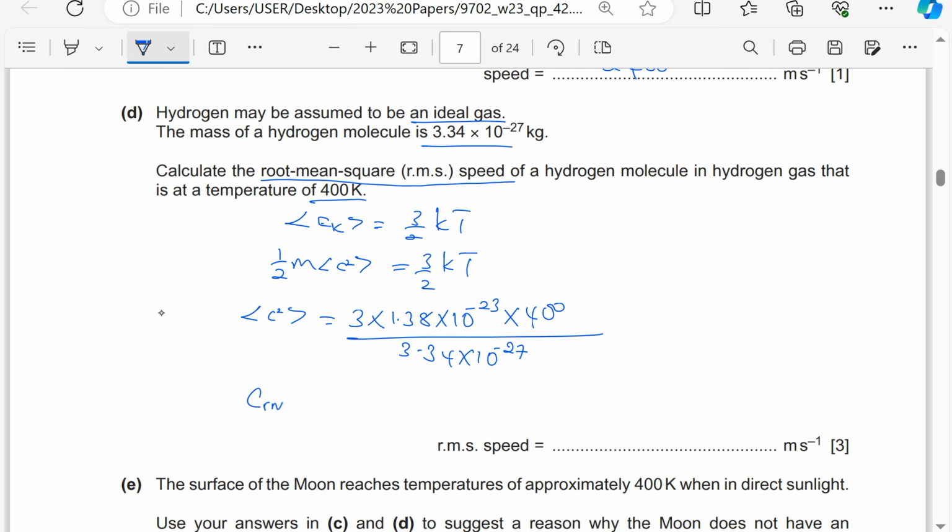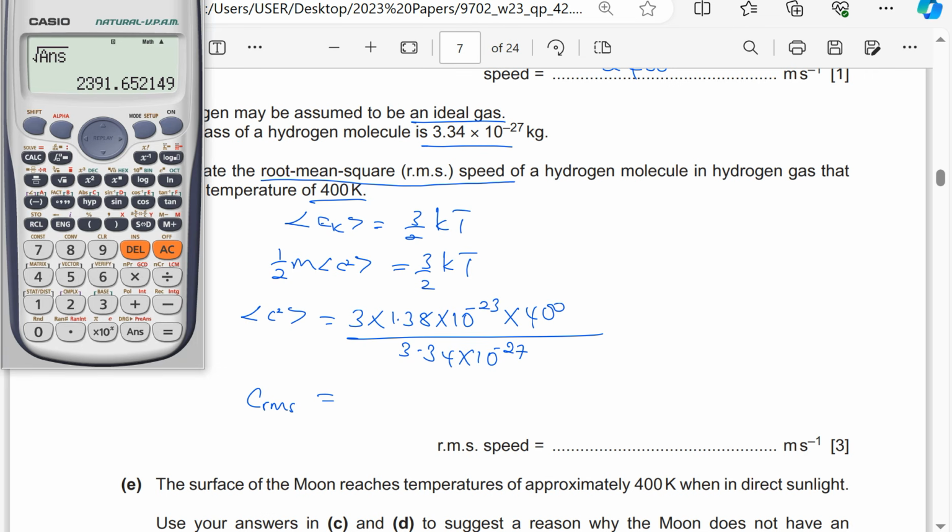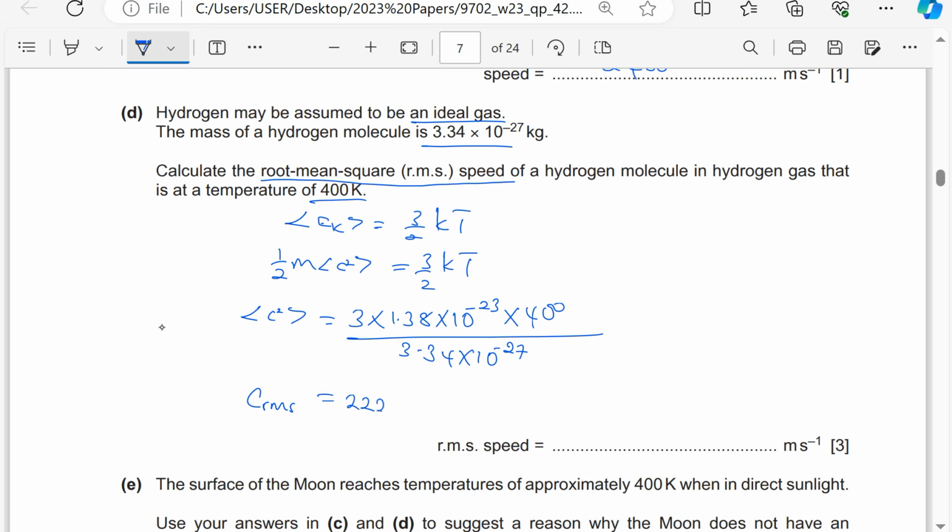I want the root mean square speed, so I'll find the square root of the answer. Then I find the square root, and this is 2227, or I will just write 2200 meters per second.